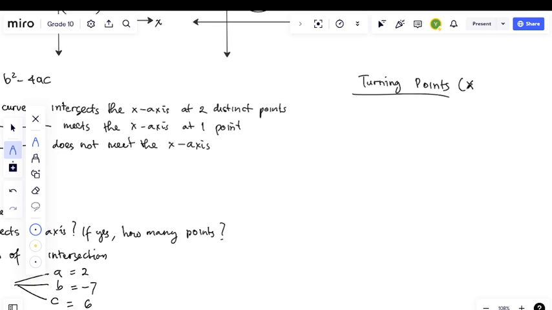I use these symbols so you're not confused. XS, rumusnya adalah min B per 2A. What about the YS? YS itu sebenarnya adalah nilai y, it's actually a y value got from the function where the x is replaced by xs.